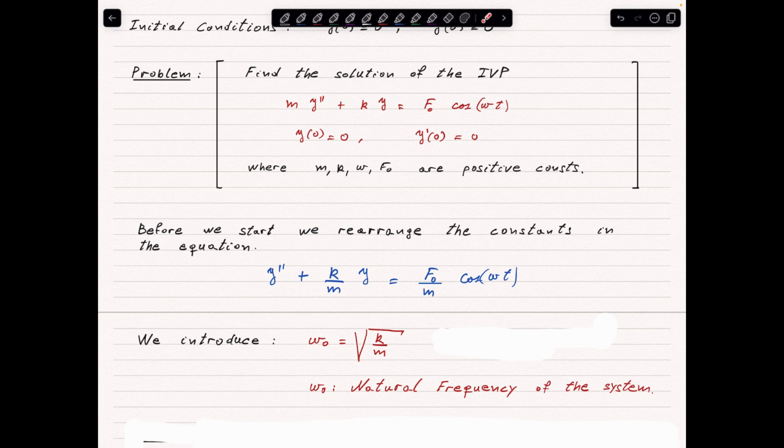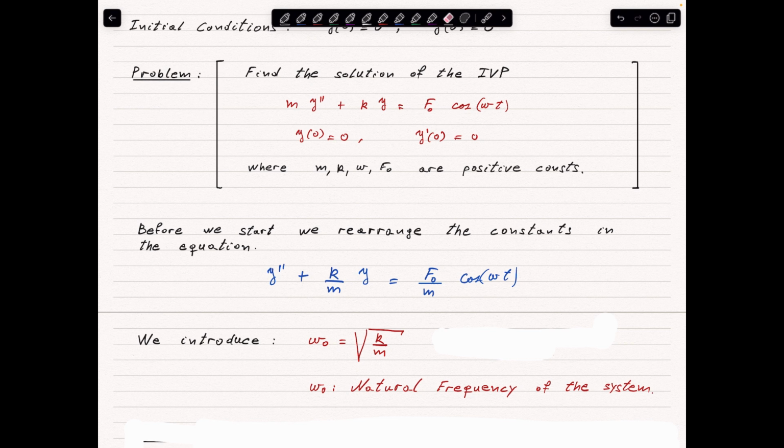But essentially, when you have zero force, when this amplitude is 0, the solution of this equation is going to be an oscillatory solution, sines and cosines of a frequency times t. Well, the frequency is going to be omega 0. So that's why this number is important.